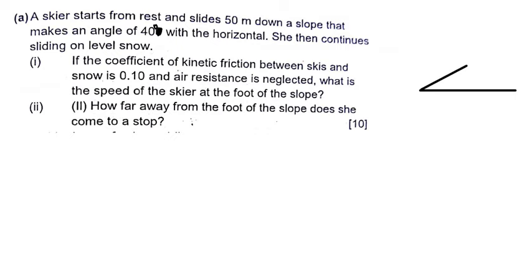What's next? Okay, after drawing, she was coming down. So now here, she then continues sliding on the level snow. What does it mean? Meaning after reaching the ground she continues. Yeah, so she continues up to, we don't know, maybe somewhere there.